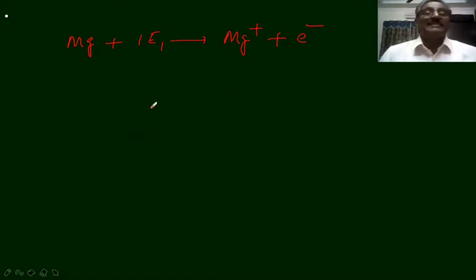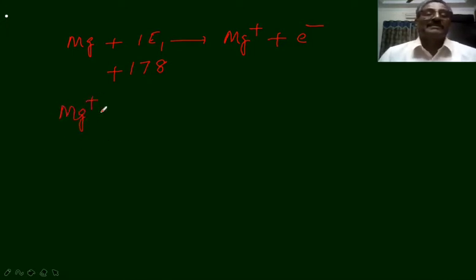Mg, by applying the first ionization energy, changes to Mg+ by the release of one electron. The energy required, that is IE1, is equal to plus 178. Absorbed energy is positive.